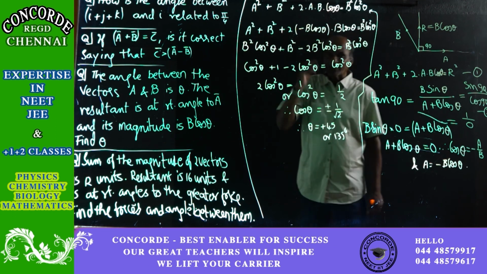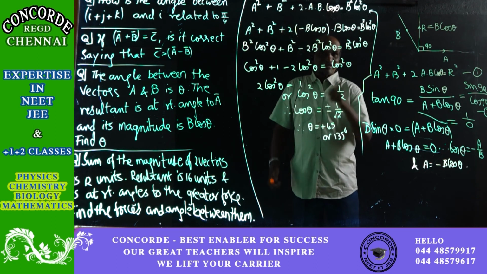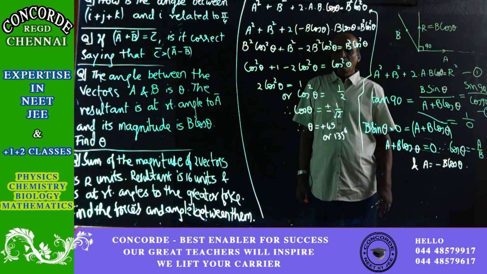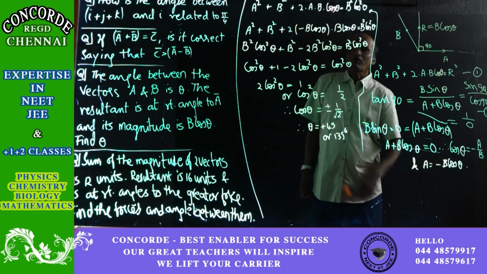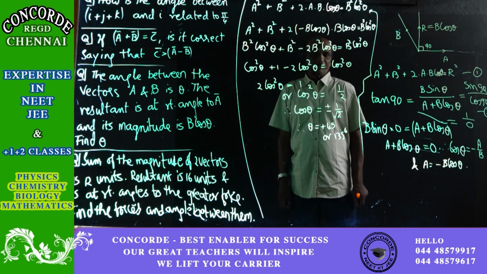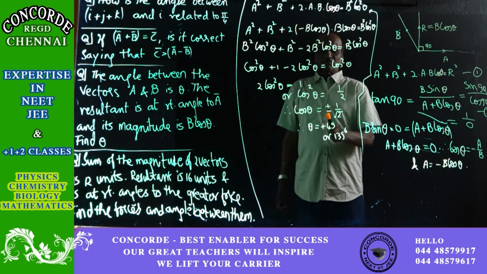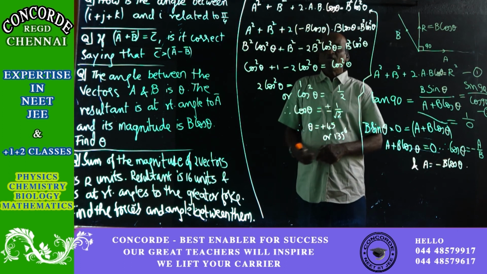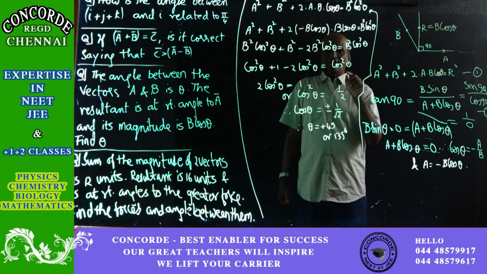We will have to now check up. For plus and minus, we will get two values for the angle theta, and which one is correct. To know that, one is cos theta is equal to plus 1 by root 2, which is for the angle theta equal to 45 degrees. And when it is minus, cos theta is equal to minus 1 by root 2. Negative sign means cosine of any angle should be minus.